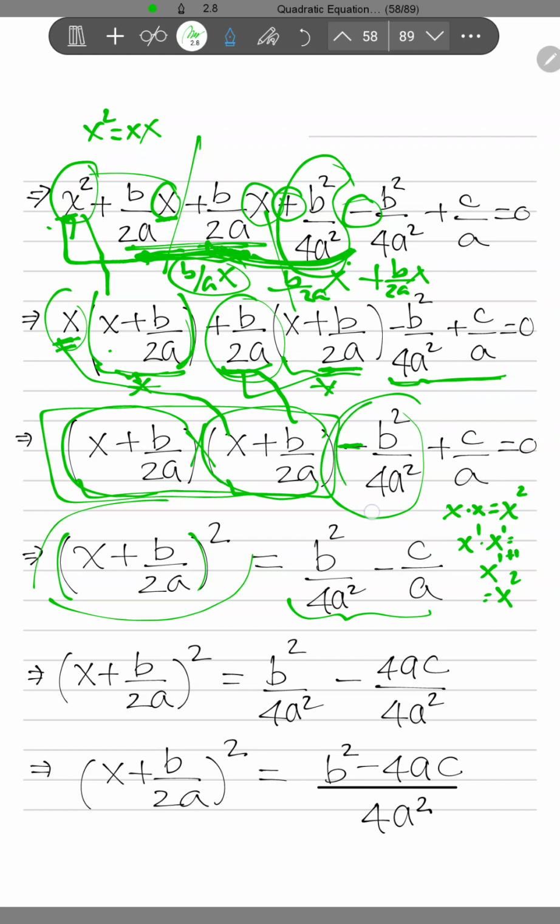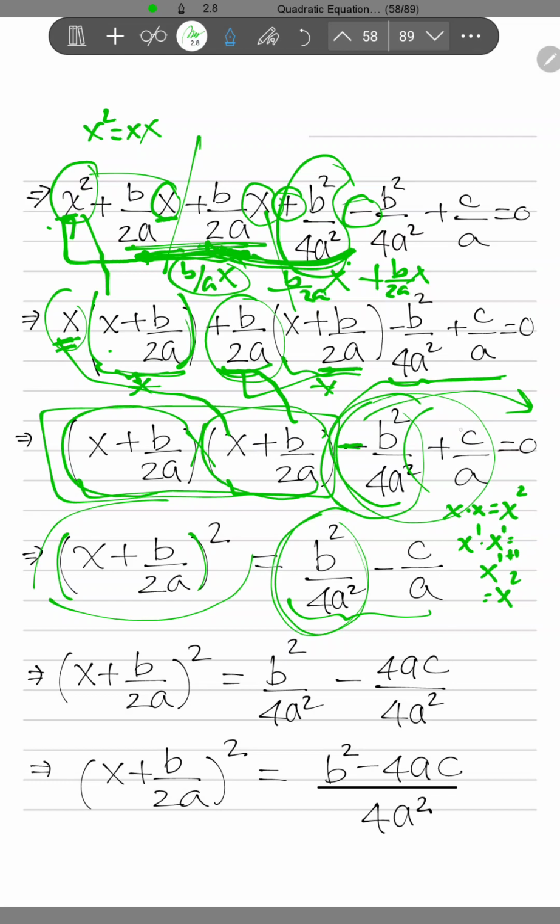So when we move these two terms to the other side of the equality sign, it changes the signs. Minus b squared divided by 4a squared will be a plus, c over a will be a minus.